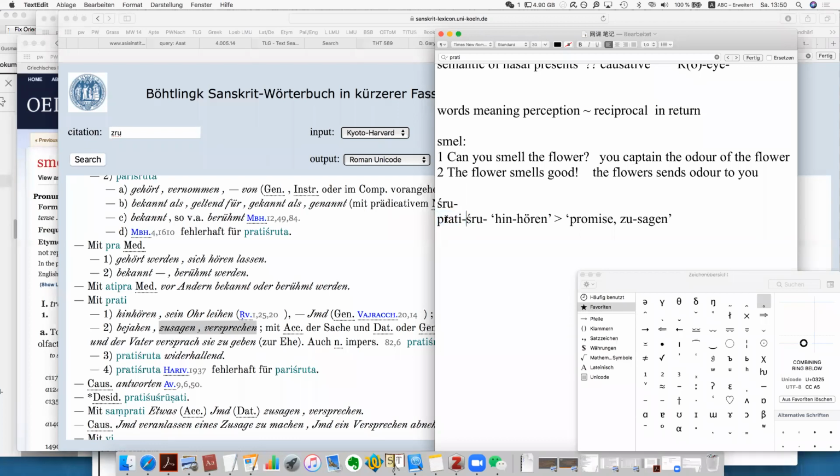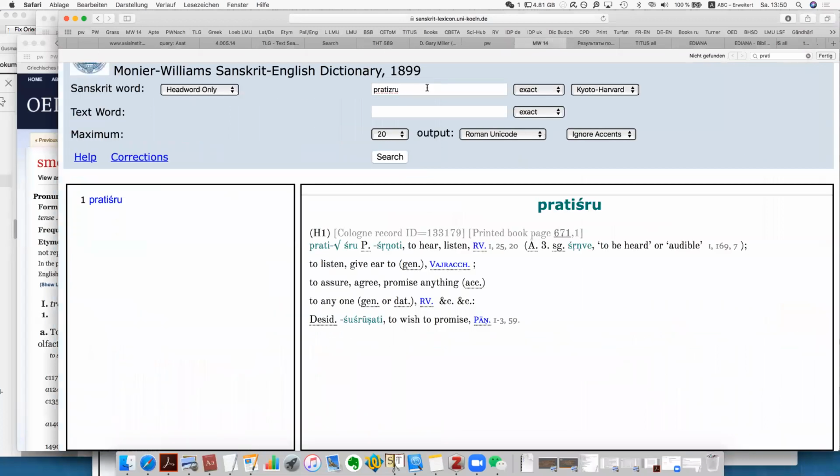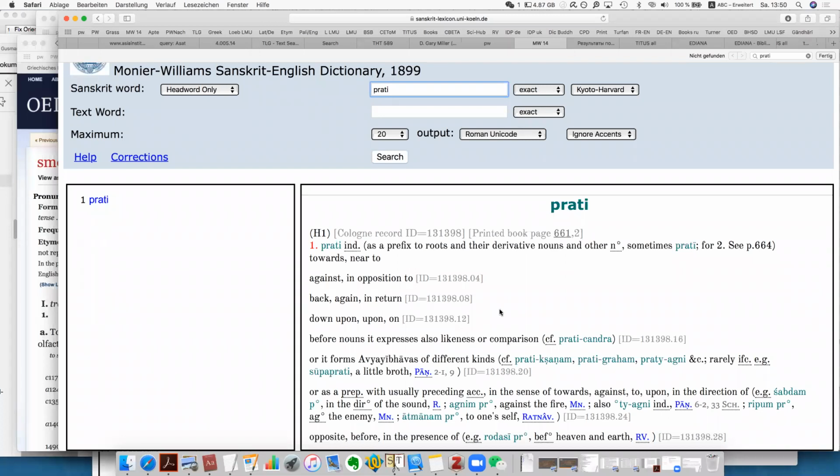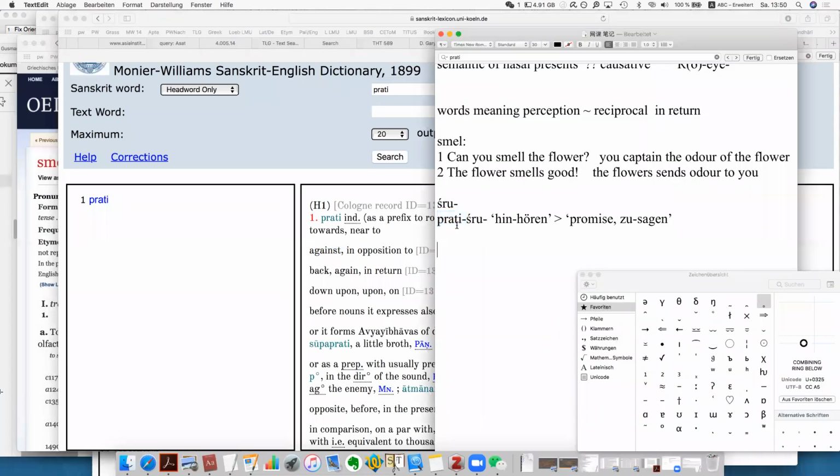And this preverb, prati, if you check the dictionary, prati, take a look, towards, against, right? So this is actually a preverb.